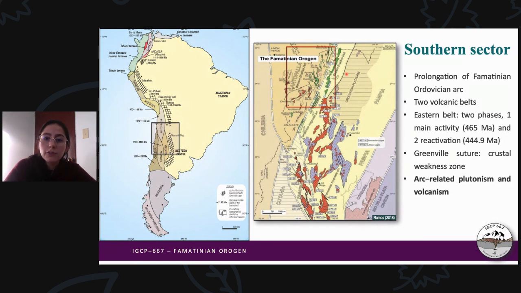The first one at 465 million years and the second one at 444 million years. The first one is related to the main activity of the Famatinian arc, and the second one is assumed to be a reactivation of a weakness zone controlled by extension or transtension. We will come back to this later.